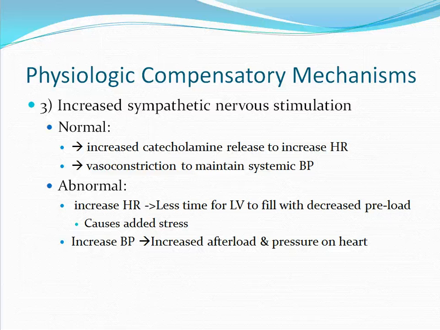However, in the case of congestive heart failure, this increased heart rate over time leads to less time for the left ventricle to fill, causing a decreased preload. This ends up adding even more stress to the heart. The catecholamines, when they cause an increase in blood pressure, this results in an increased afterload and more pressure on the heart.